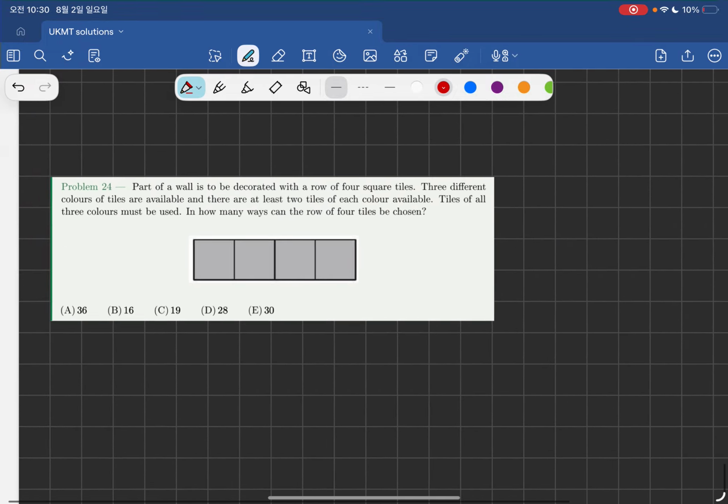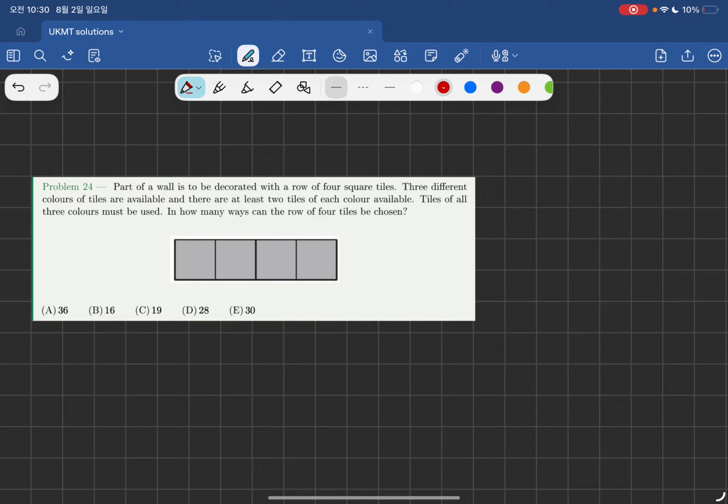So the question is saying that there should be at least 1 color with 2 tiles. So I'm just going to say black, white, and red as the 3 colors. So there are going to be 3 cases where there are 2 black tiles, or there can be 2 white tiles, or there can be 2 red tiles.